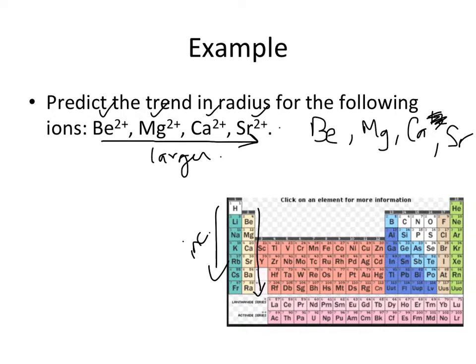So if you are comparing the neutral versus the ion, in this case the cations are going to be smaller than the parent atoms. However, in this case, they're just asking you to predict the trend for just the ions, and as you go from top to bottom, you're getting larger. So that would be your answer for this question.